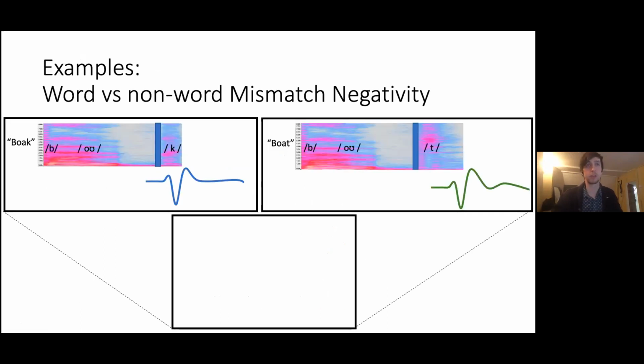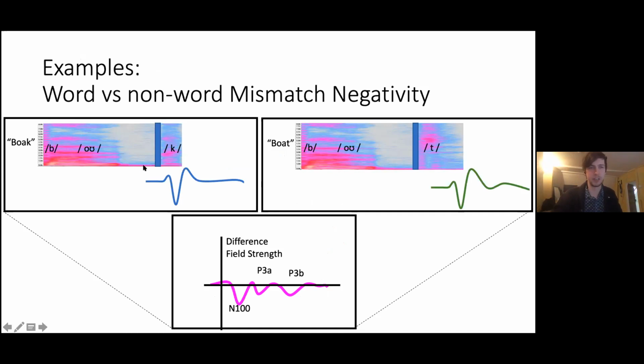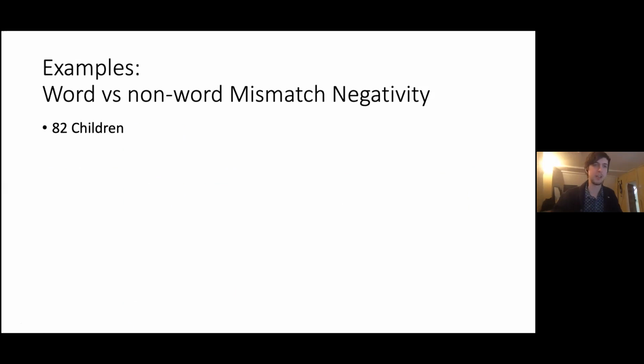Cool. So I'm going to go over some examples. I think I've maybe got a couple of minutes. I used this recently in a paper to look at mismatch negativity. So I had auditory evoked potentials for words and non-words, subtracted them and averaged them over participants. That was the data I tried to predict.